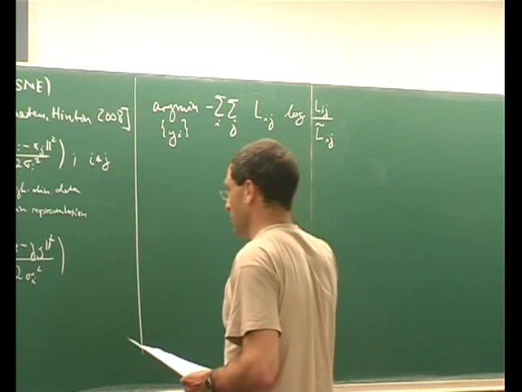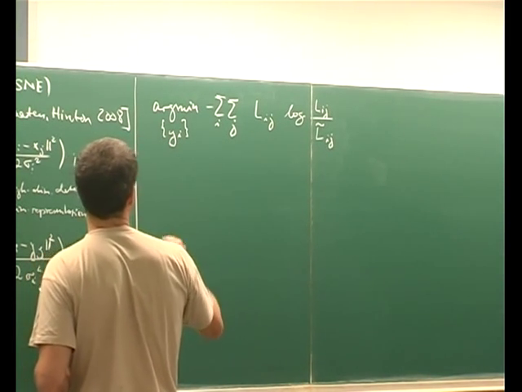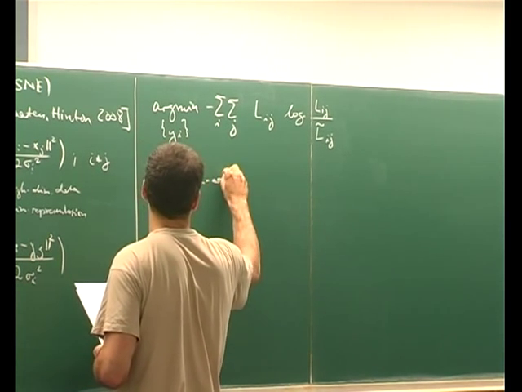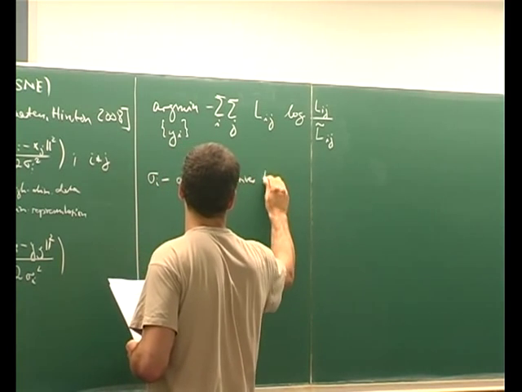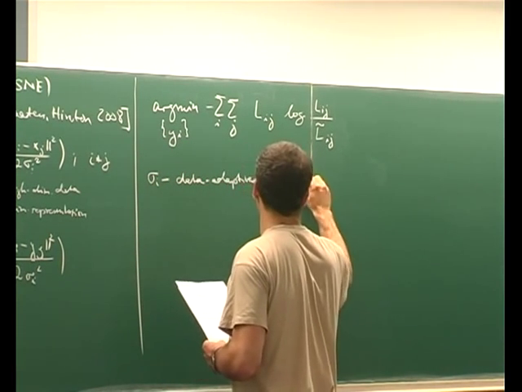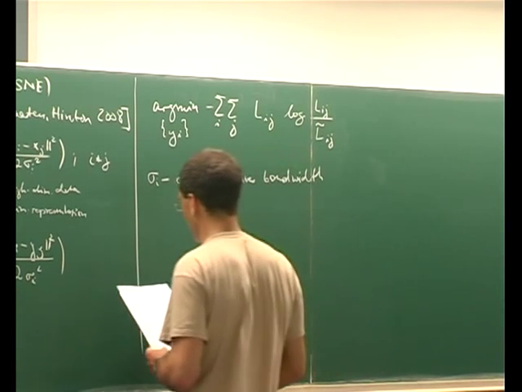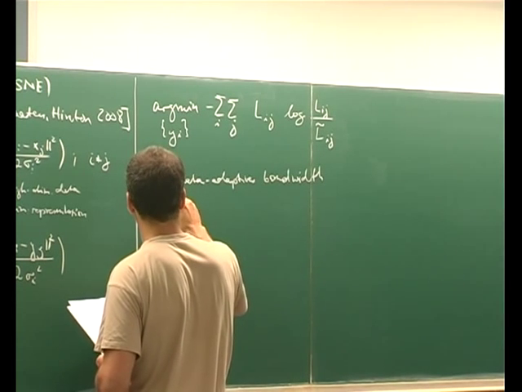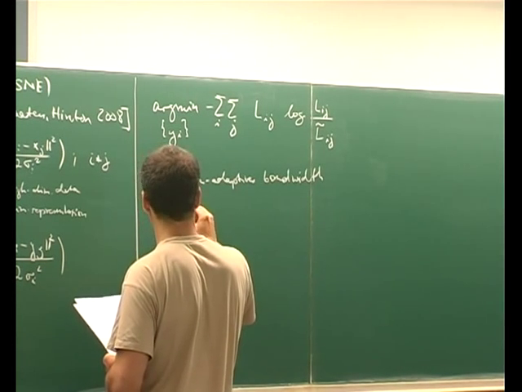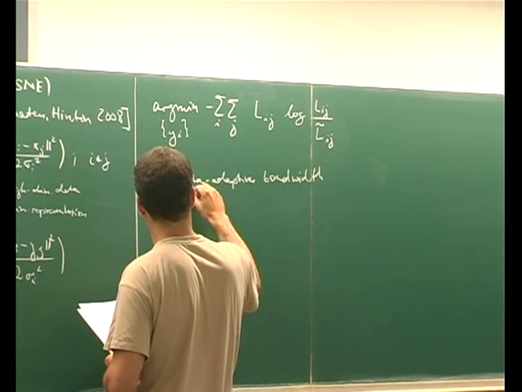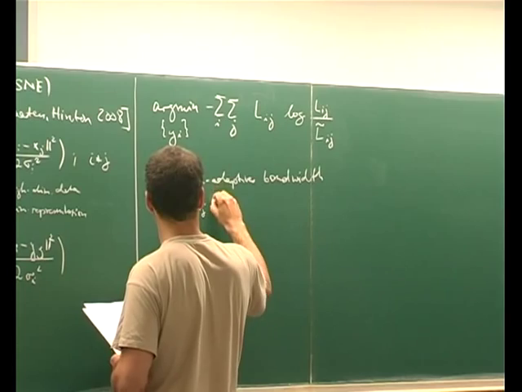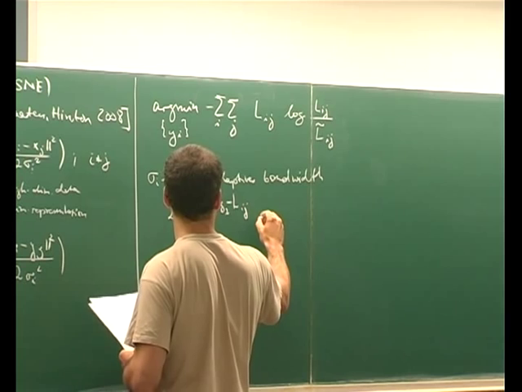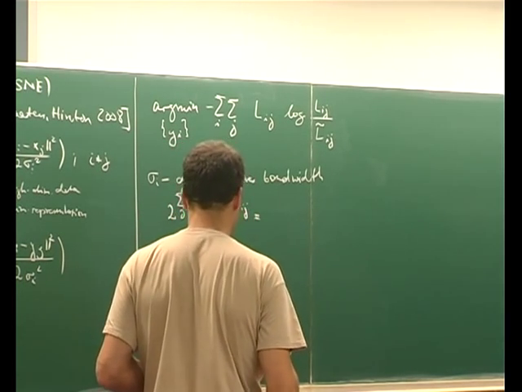And I still need to say how to specify sigma. Data adaptive bandwidth is chosen such that 2 to the power of this thing is called a perplexity.